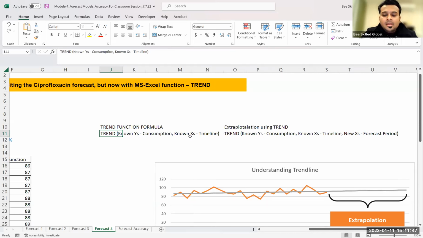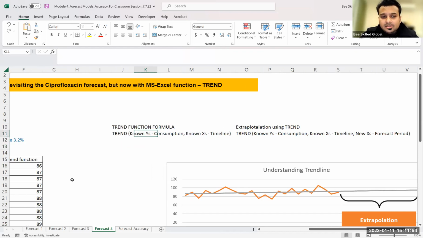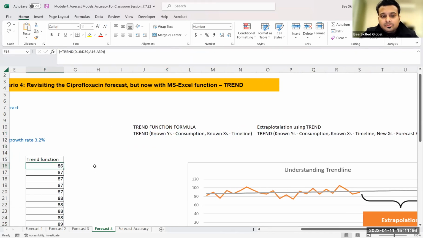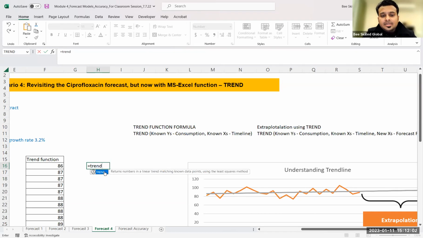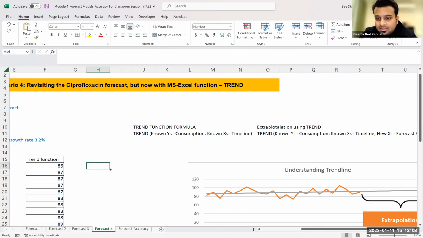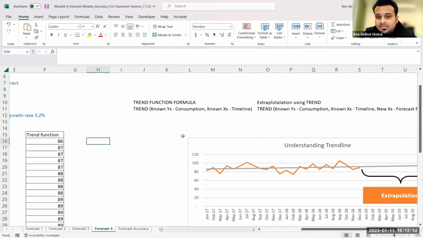So for our known timeline, we will use a formula. Let me just show you the formula here. Trend says known y's and known x's. In this case, our y-axis is the consumption and our x-axis is the timeline.